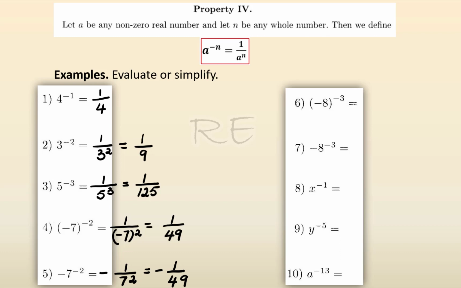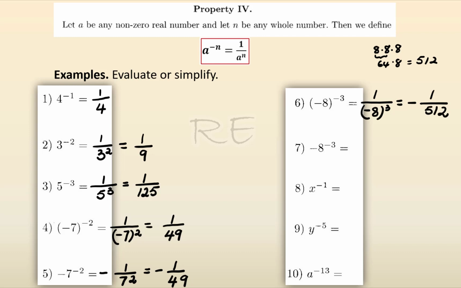(-8) between parentheses to the negative 3 will be 1 over (-8) between parentheses. We change the sign of the exponent, to the third. The exponent is odd, it stays negative, and 8 times 8 times 8 is 64 times 8, which is 512.